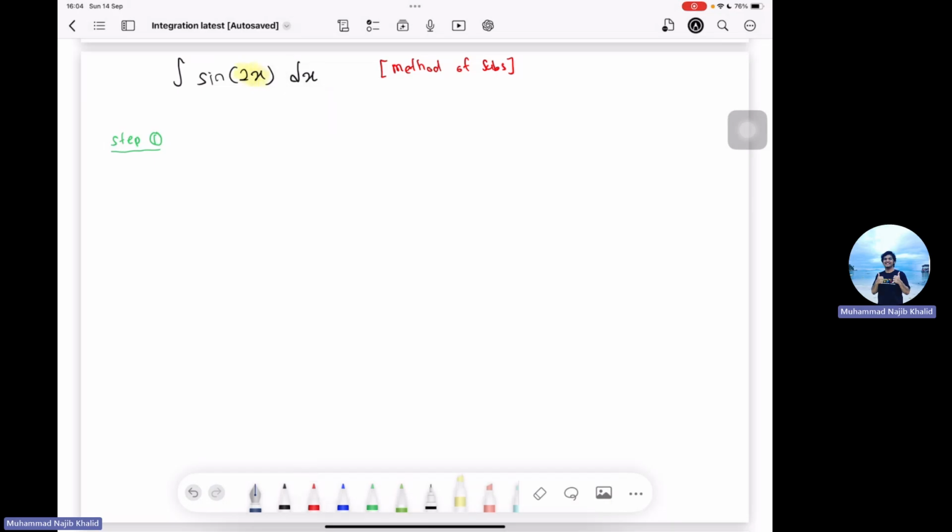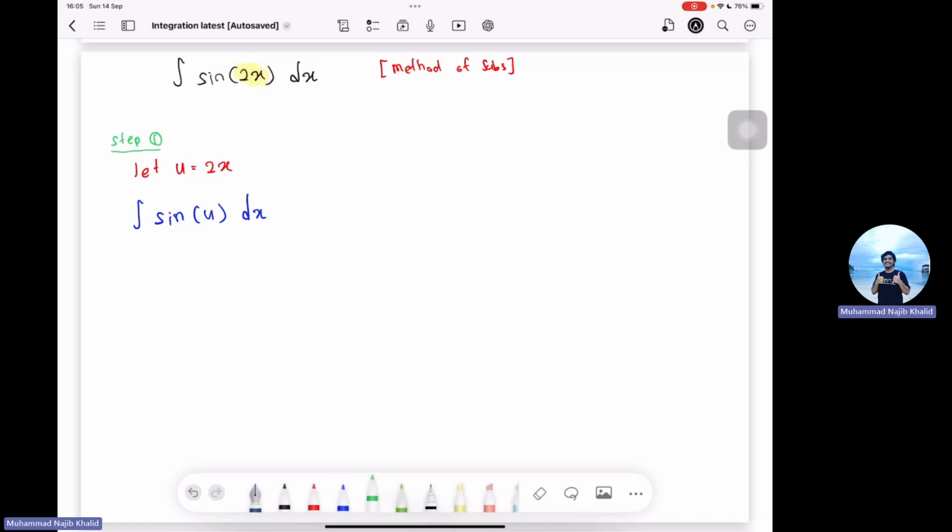We let u equal to 2x. Then we can rewrite the integral in terms of u: integral of sine 2x, sorry, sine u dx. Step 1 is done.